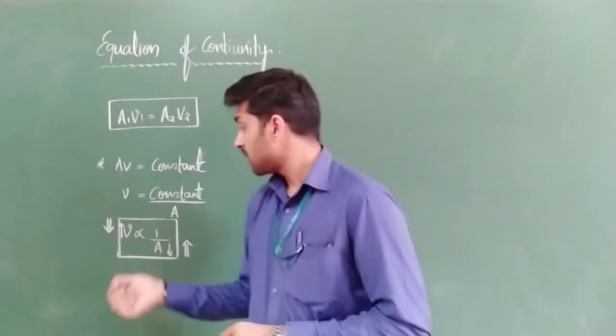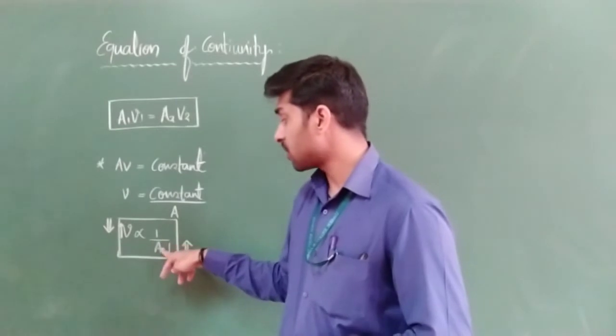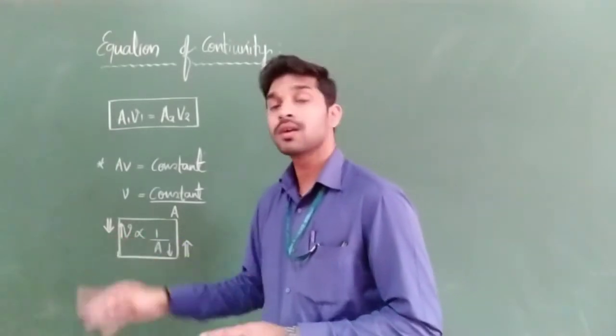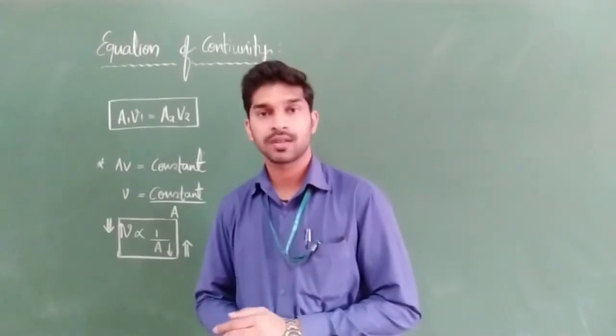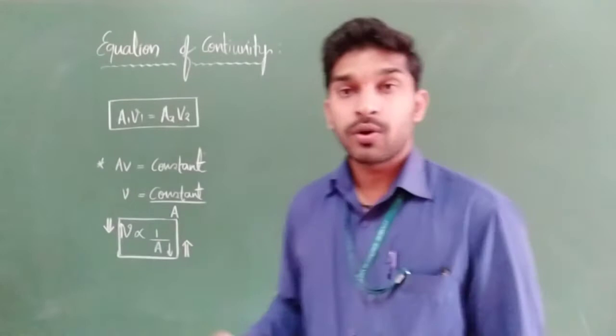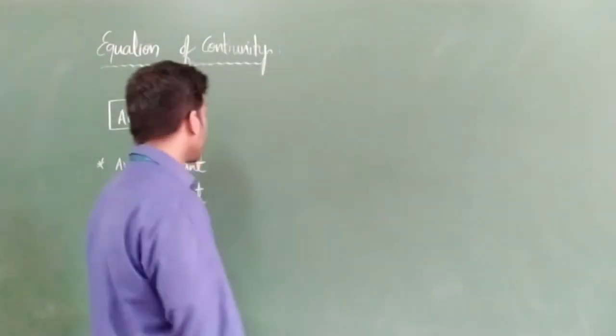Clear? Next, if the cross-sectional area is larger, velocity will be much less. Clear? So next we are going to discuss one more factor, that is the rate of fluid flow.